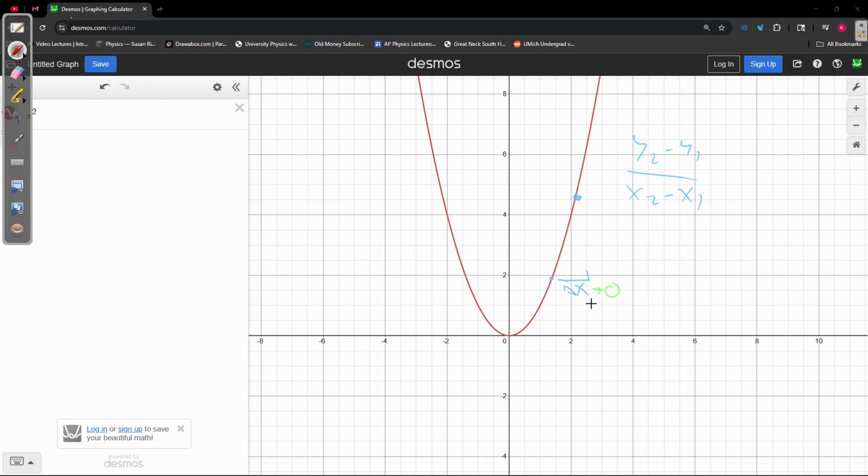Because if delta x equals 0, then you're at the point, and the only slope you can get is the instantaneous slope at the point. And so how do you do that given this equation? Because if delta x was 0, then the denominator of the equation would be 0. And you can't have that because obviously that's undefined.